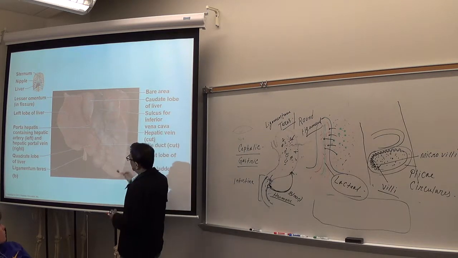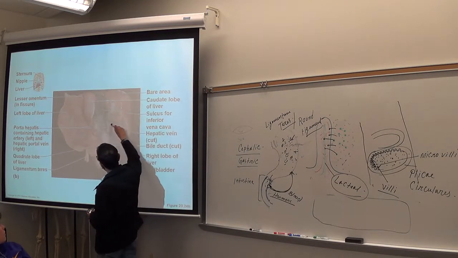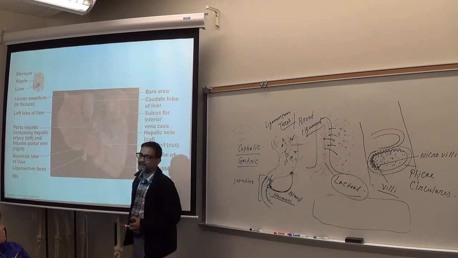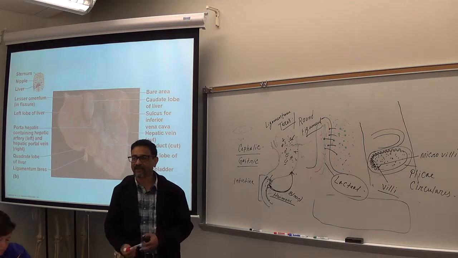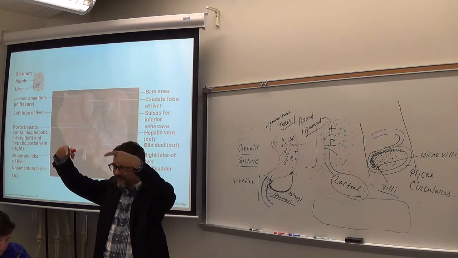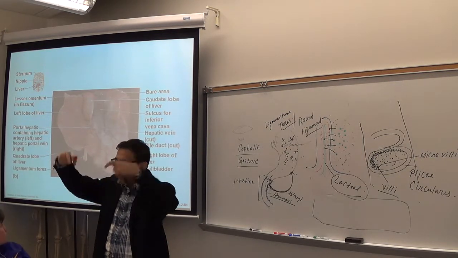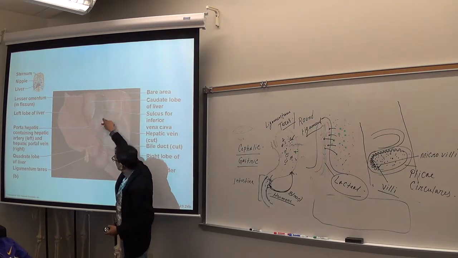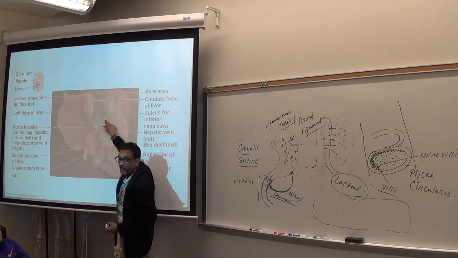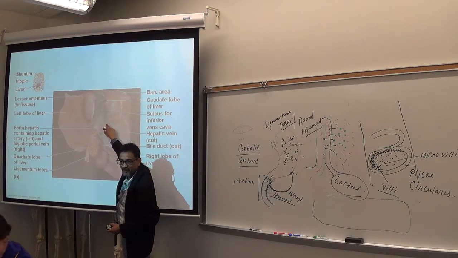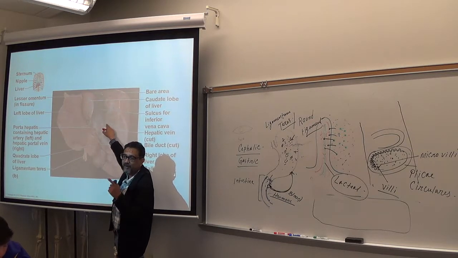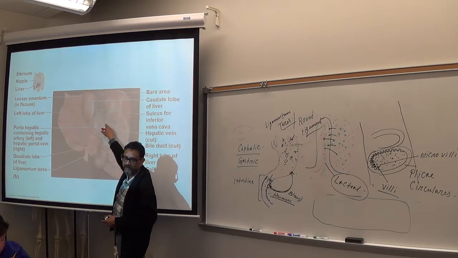Now, this area, you see, the hepatic ducts, right and left, come out. The hepatic ducts come out to this area, the hepatic portal vein enters through this area, and the hepatic artery and hepatic vein enter through this area.